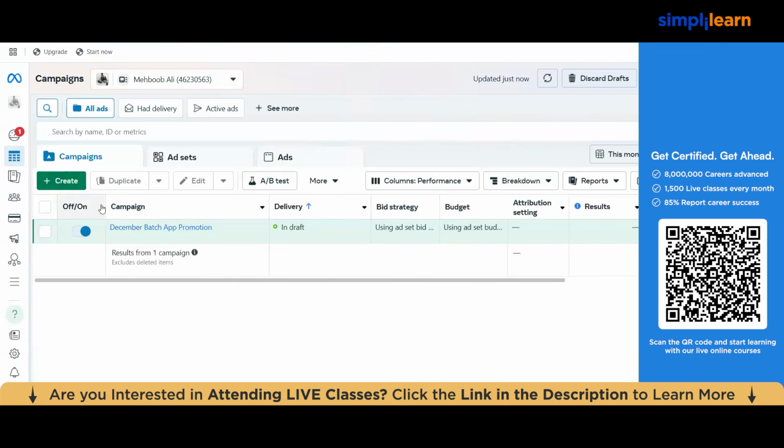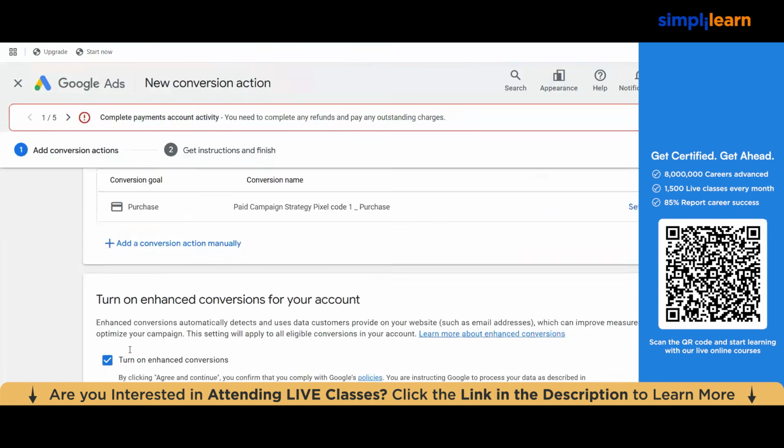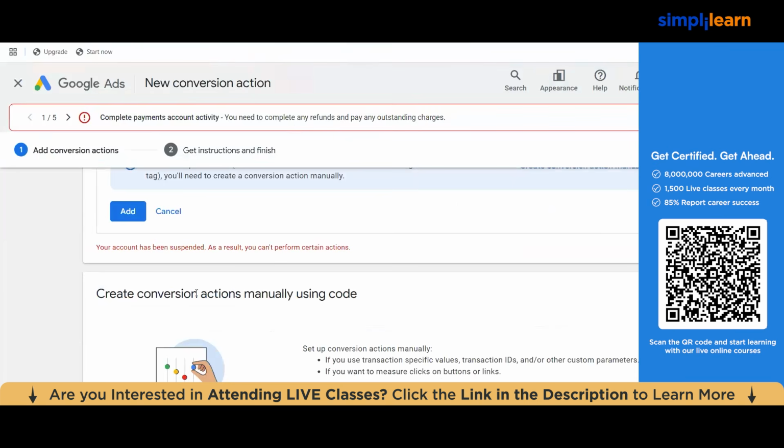There are a few ads which have already been created and might be running, so that part I'm not going to cover. Now similar to the Google pixel that we created, we can also do the same for Meta. We can create a Meta pixel and embed that into the ad campaign that we are running, to monitor what is happening to whatever Facebook campaign we are running for my brand.